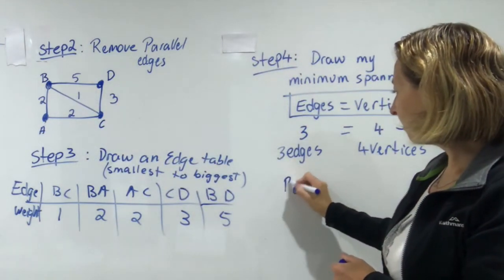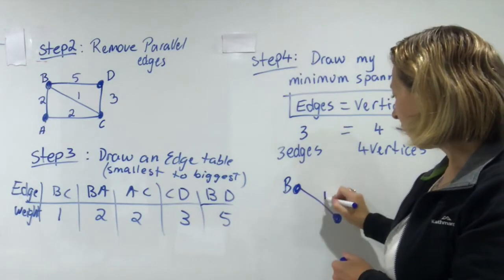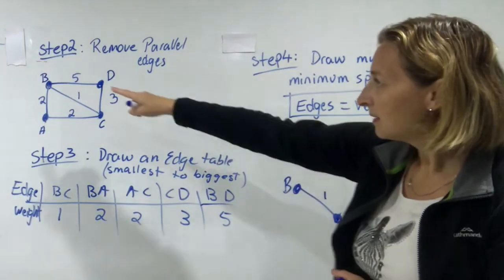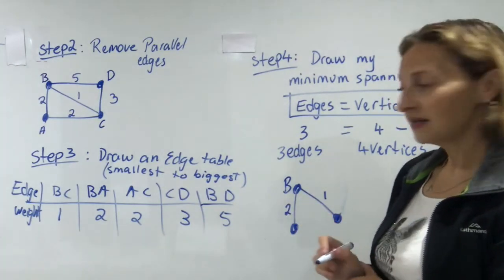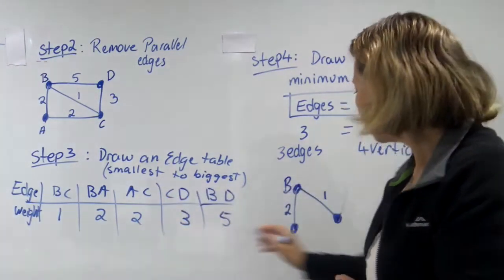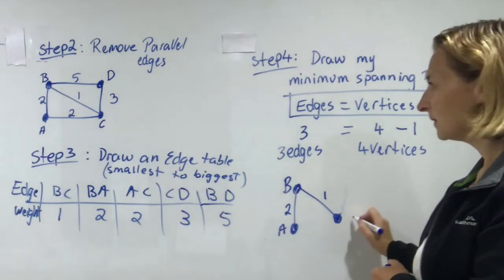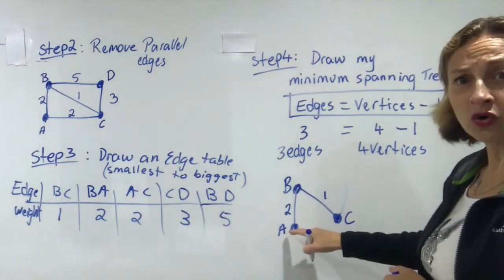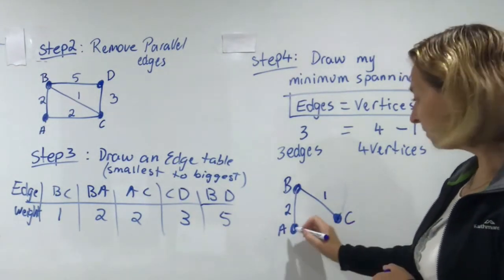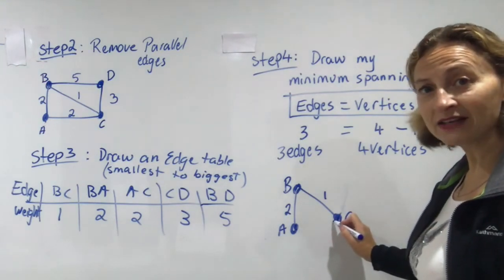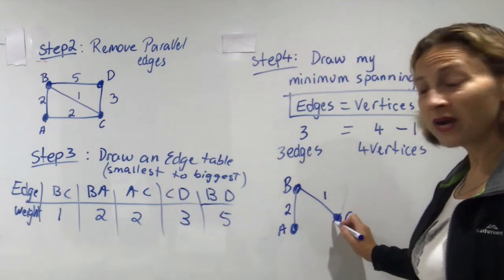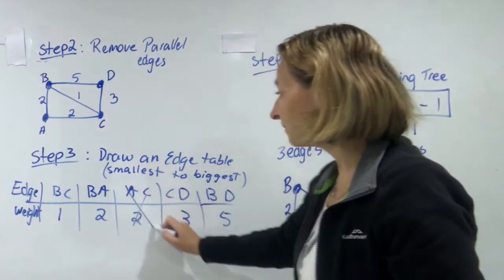So I'm going to draw BC1, that's first. BA2 is next. Then I have AC2. But if I draw A to C, I would be creating a loop. Now remember, in a spanning tree, you're not allowed to have a loop, so we don't do the AC.